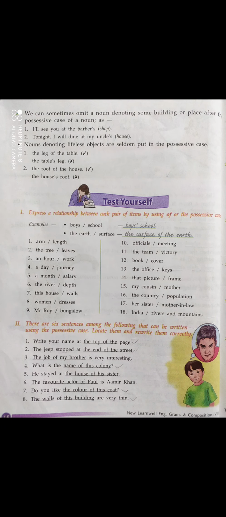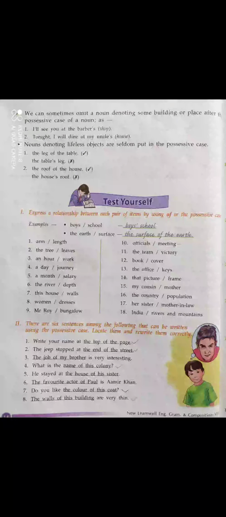So barber's means barber's shop, but here we skip the noun shop. At that time we use barber's. Now, tonight I will dine at my uncle's. Basically we stop here, but uncle's means uncle's house. So at that time also this type of word, the possessive case, is used.